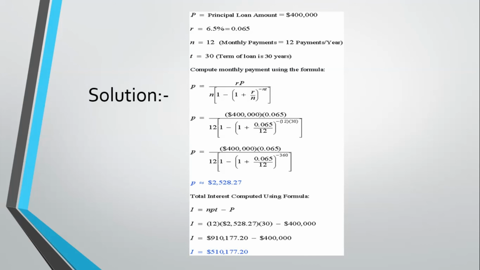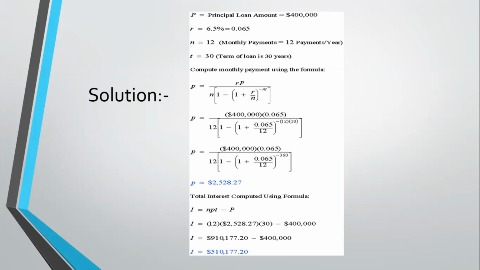Solution: P equal $400,000, r equal 6.5% or 0.065, and n equal 12 because monthly payment is 12 payments per year. t equals 30 because the term of loan is 30 years. Compute monthly payment using the formula p equal rP per n, 1 minus 1 plus r per n in bracket power of negative nt.